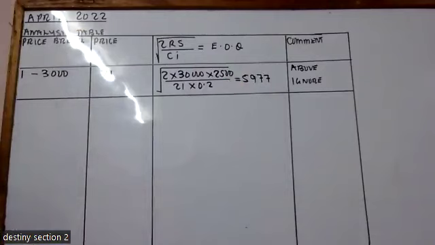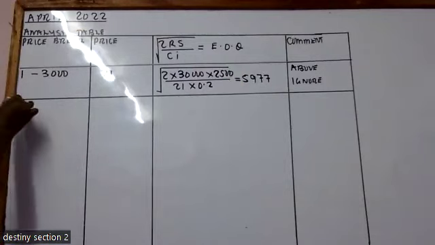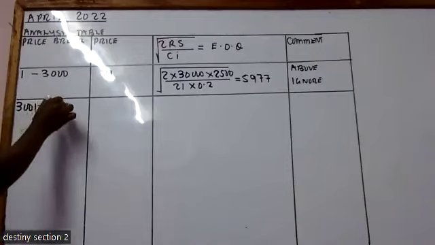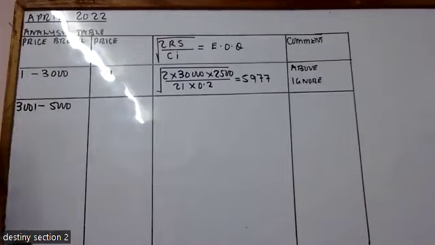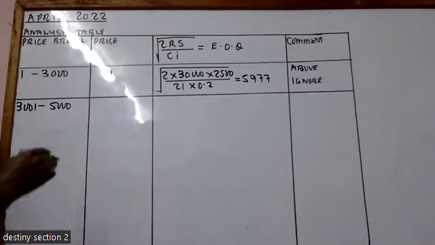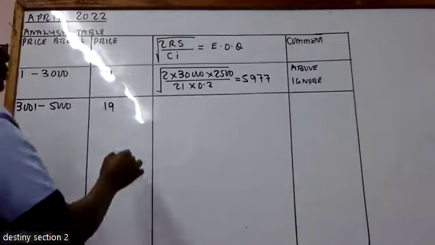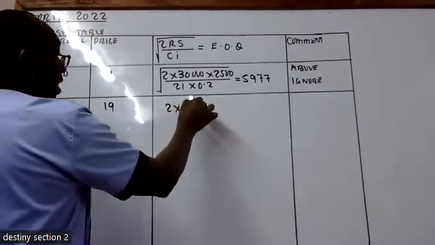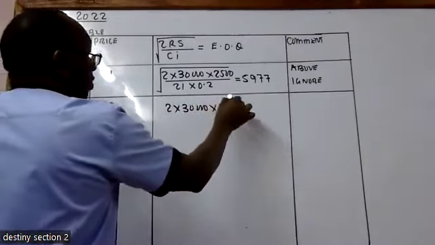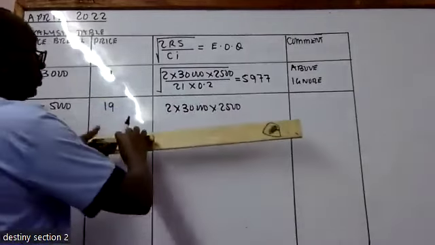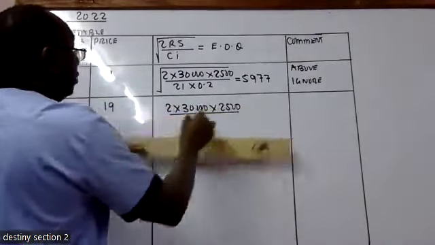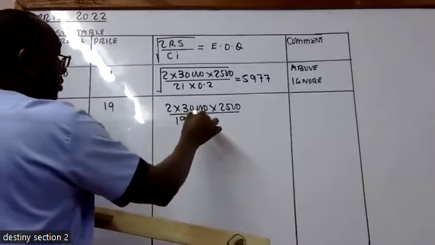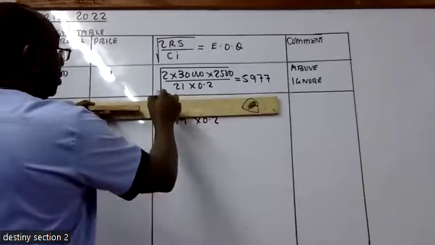From there, the next break is 3,001 to 5,000. So here, the price is 19. So we are going to have 2 times 30,000 times 2,500, you divide by 19 times 0.2.